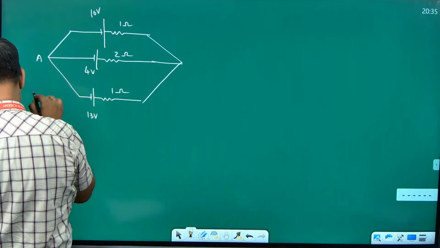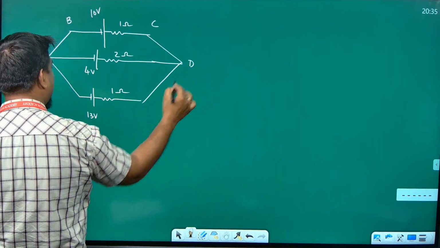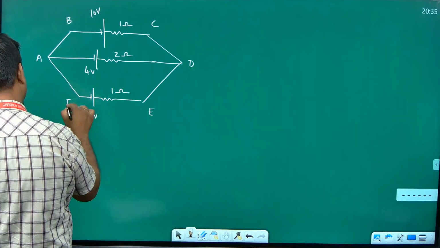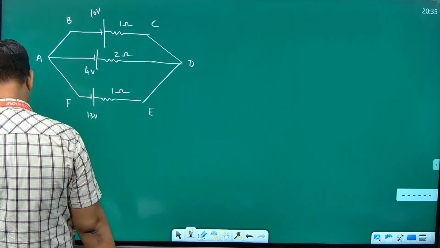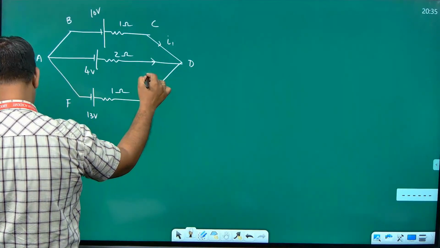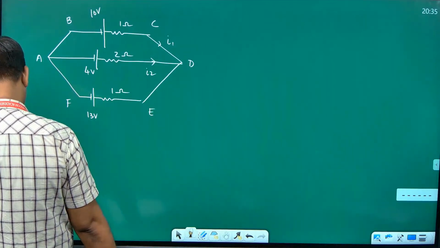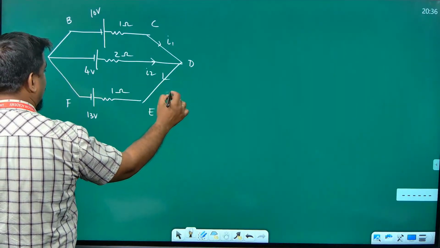Points A, B, C, D, E, F. Currents I1, I2, I3.